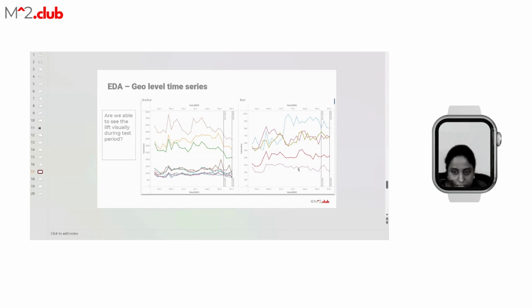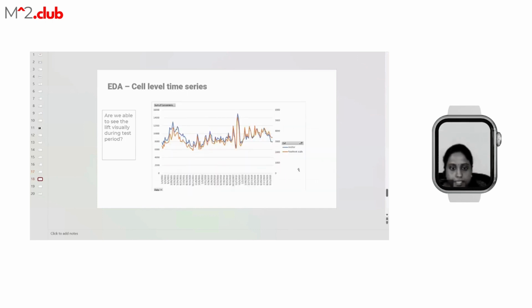I have another chart where you can see this clearly. I have aggregated them at the cell level, so you have the anchor cell and the Facebook scale cell. The orange line, the movement of it, is really close to the anchor cell until the point where the test happened.